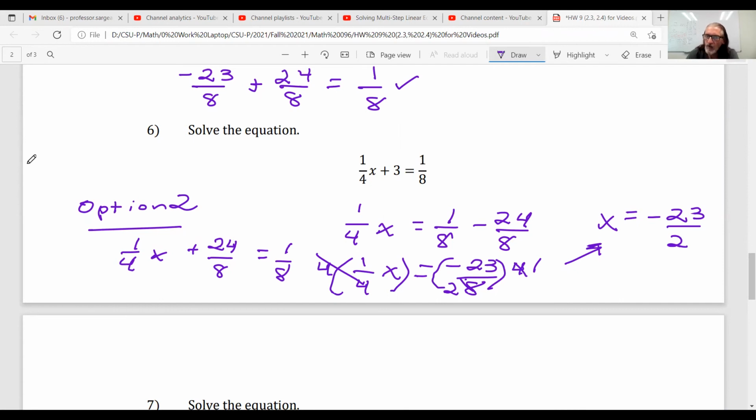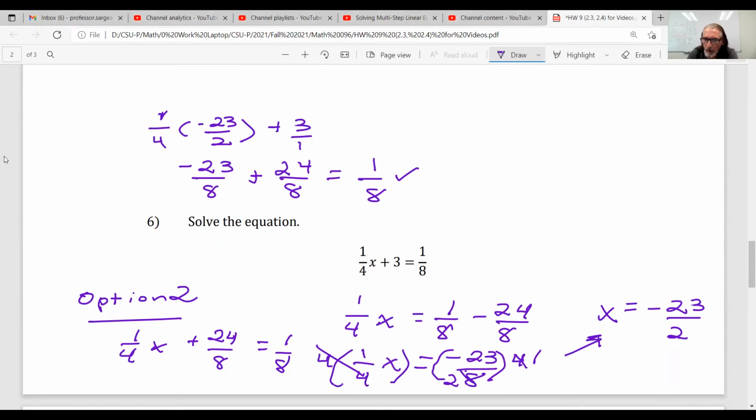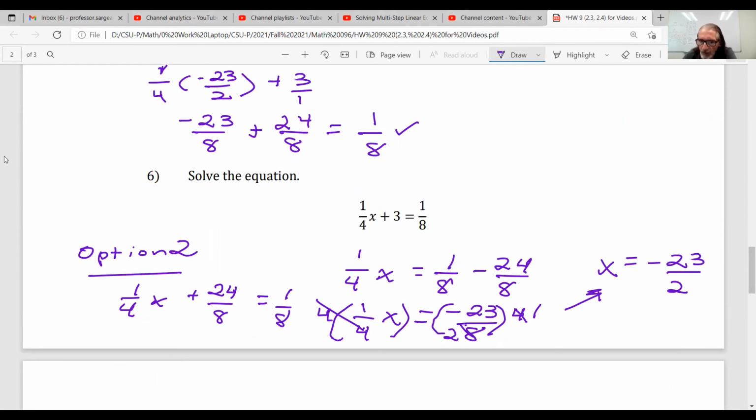So earlier on, we saw when checking that if we multiply top and bottom of 3 over 1 by 8, 8 to the top, 8 to the bottom, then we get 24/8. Now the two like terms have a common denominator. I can subtract 24/8 from both sides, canceling it on the left, and then 1/8 minus 24/8. Since we've got the same denominator, 1 minus 24 is going to be negative 23.